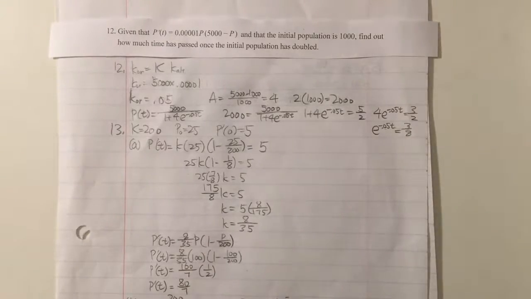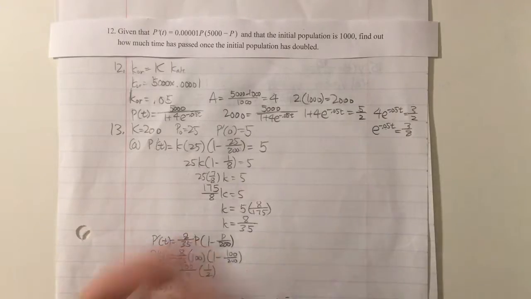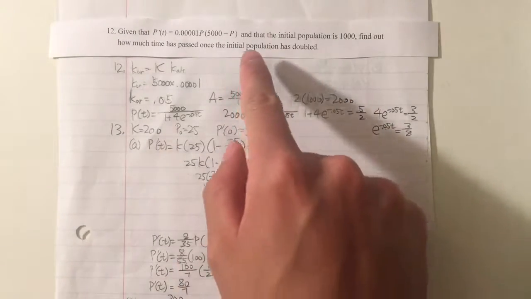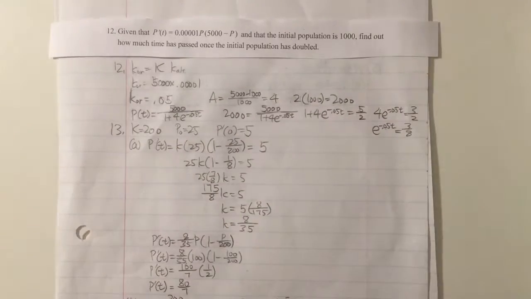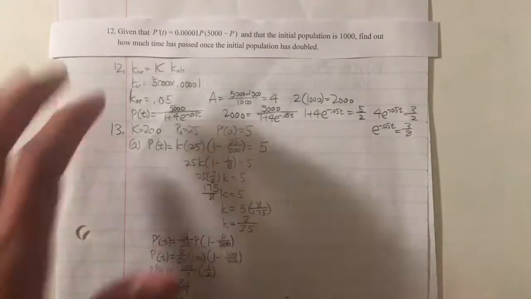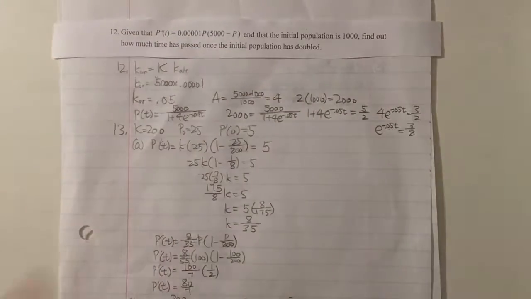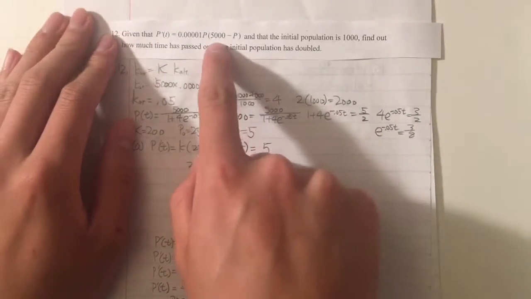So number 12 gives you the p prime function as well as the initial function. It asks for you to solve for when the population is double that of initial, which is 2000. So this p prime is given in the alternative form, where that is the k.